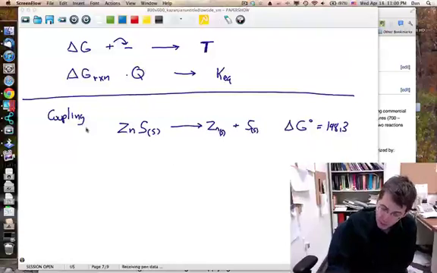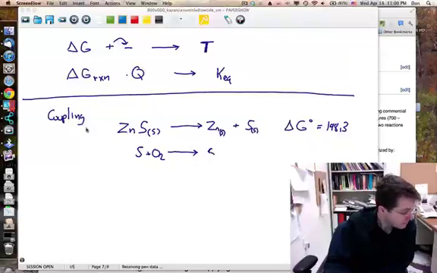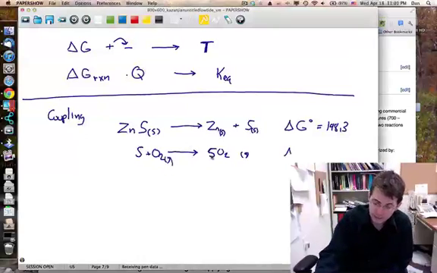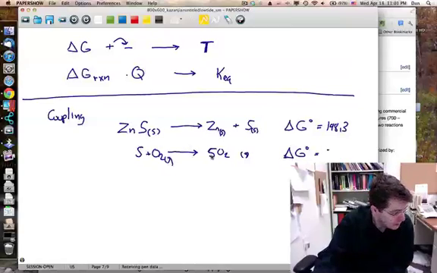But you can do a second reaction at the same time, sulfur plus O2, to give us SO2 gas. The delta G of this reaction is negative 300.1.